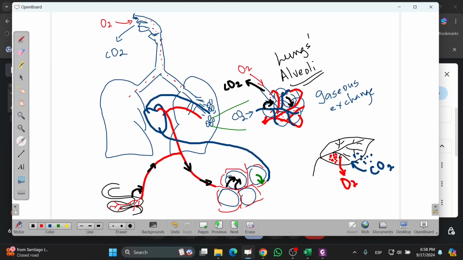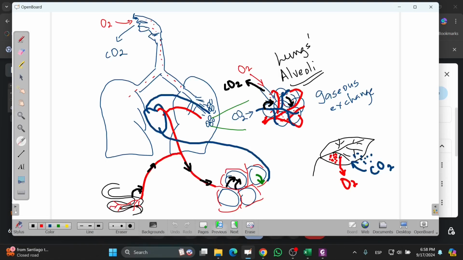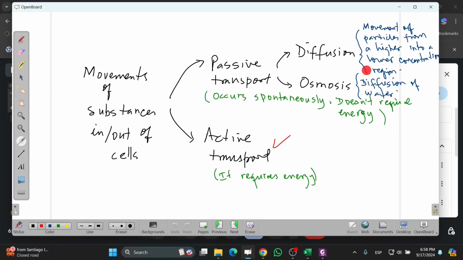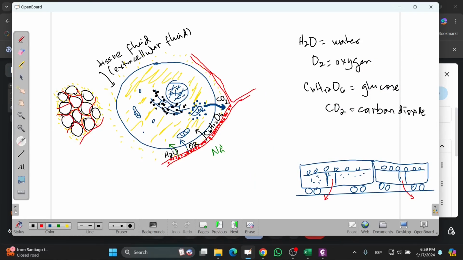Now, what about osmosis? Osmosis is the diffusion of water. But there is one great difference, and that is that osmosis requires a cell membrane. It requires a material for the water to move through. We can do it in a lab, but we will need to find a material that is suitable for that.